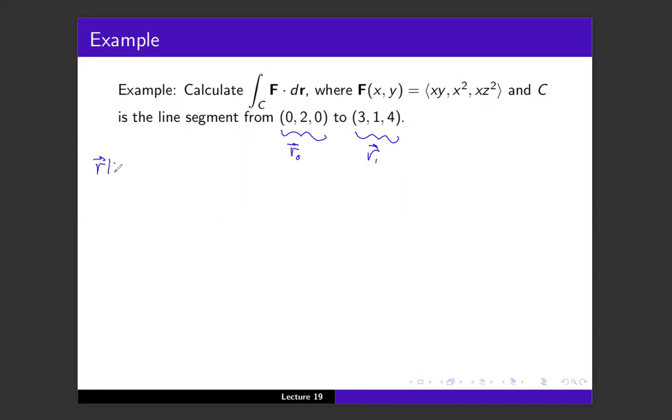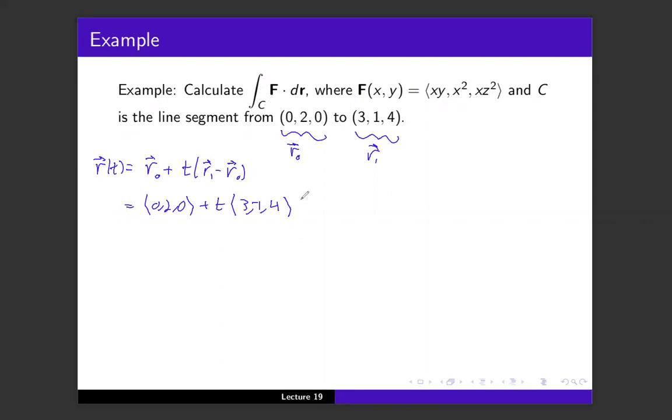So r of t is r of 0 plus t times r1 minus r0, which in this case is (0, 2, 0) plus t times (3, negative 1, 4), excuse me. 1 minus 2 is negative 1, not 1.